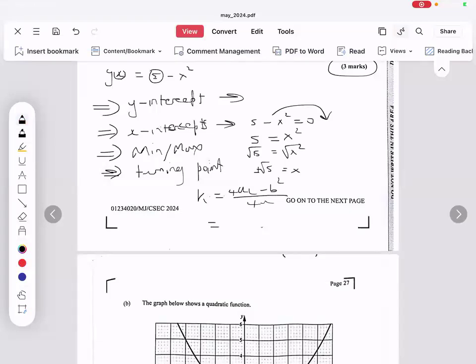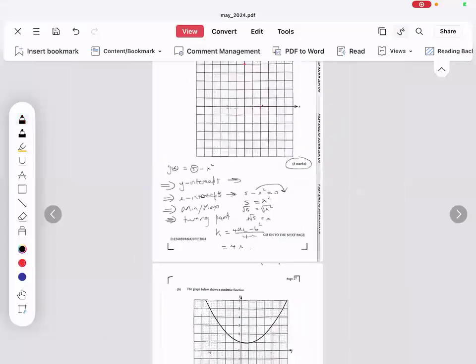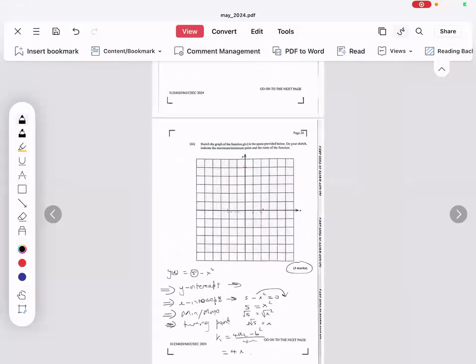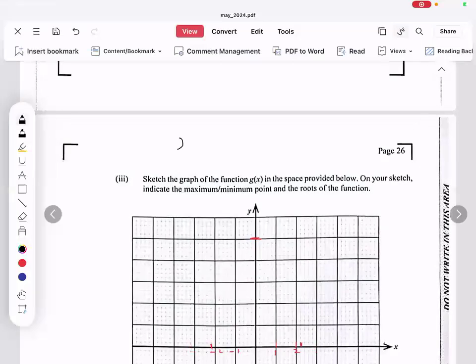So it's going to be 4 times. Now you have to figure out what A, B, and C are. Let's go back up here. What was the equation? The function was 5 minus x squared. So basically, the number in front of x squared is what?